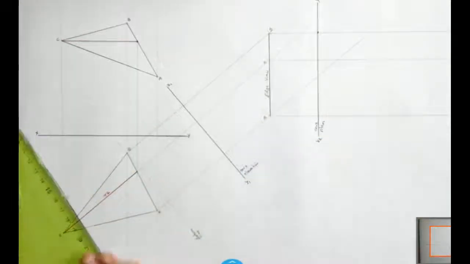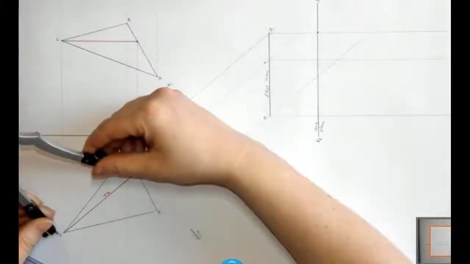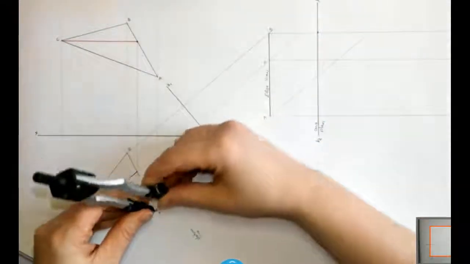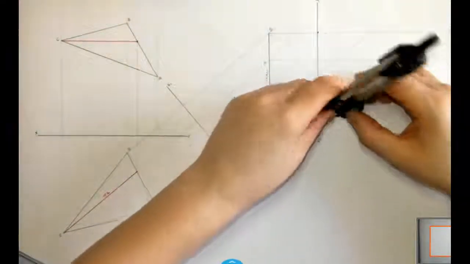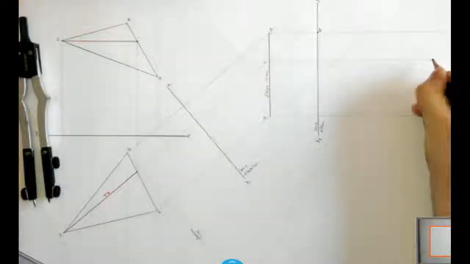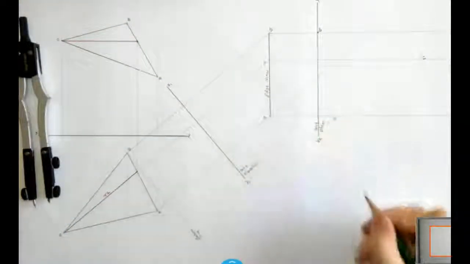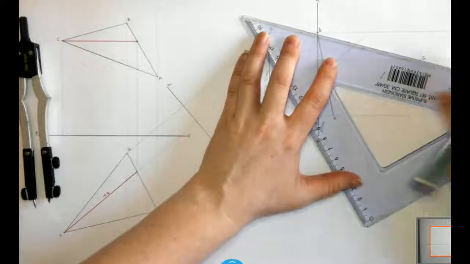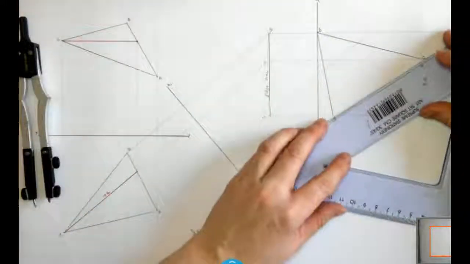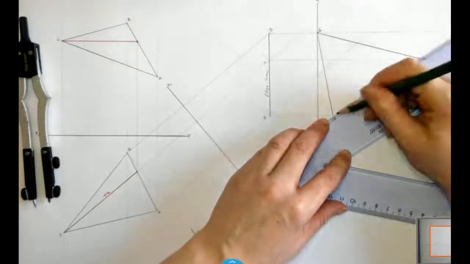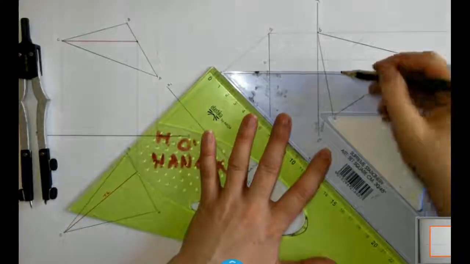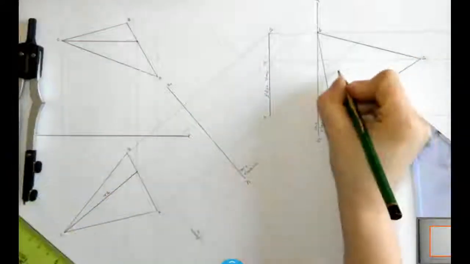Always just indicate if you are using a datum line, so the person reading your question understands where you've taken your measurements from. So I have point B, C, and A. And this here now is a true shape.